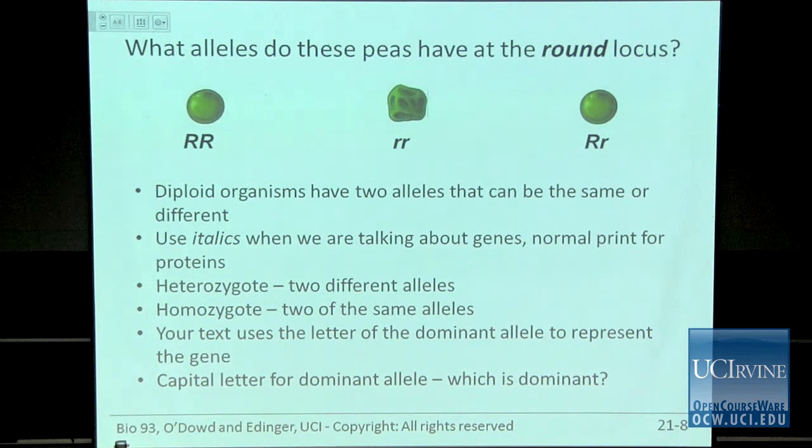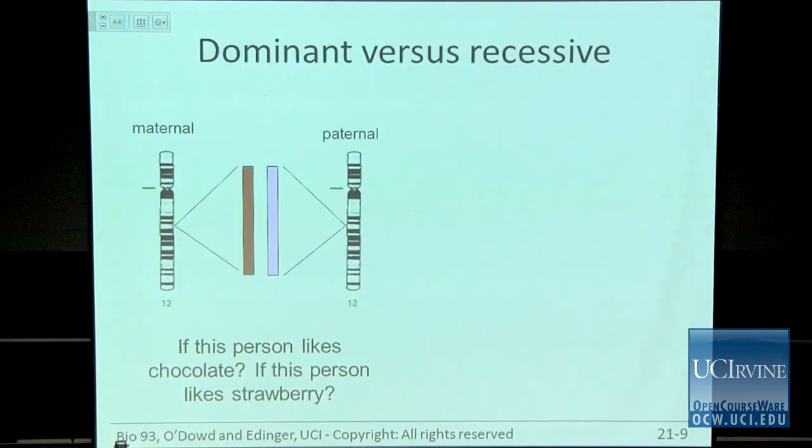Now, how do you determine which is the dominant allele? If one's capital, you already know. But if you don't know, how do you figure it out? Well, the phenotype of the heterozygote tells you which is the dominant allele. So our person who had a chocolate and a strawberry allele, if they like chocolate, chocolate ice cream is the dominant phenotype.